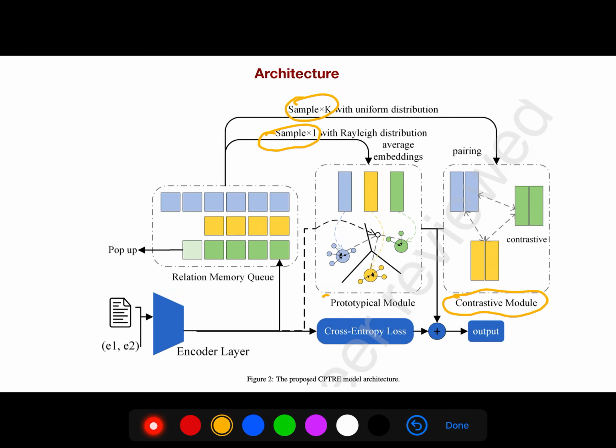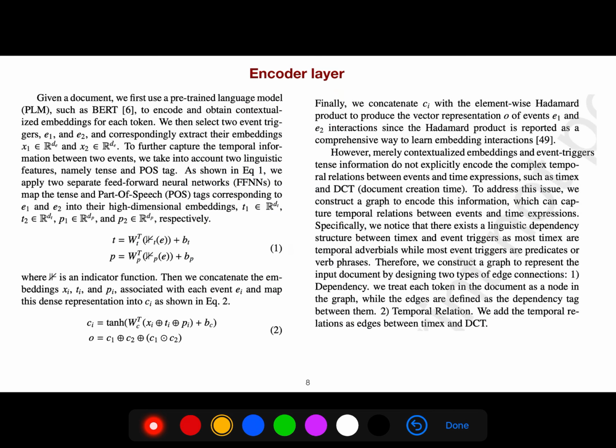Then we add these losses together. For the encoder layer, we first use a pre-trained language model such as BERT to encode and obtain contextualized embeddings for each token. And then we select 2 event triggers, E sub 1 and E sub 2, and the corresponding embeddings.